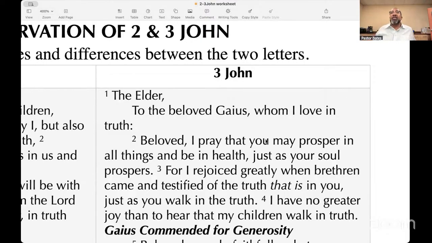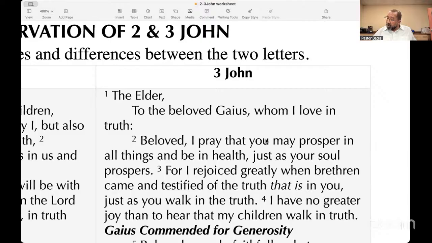So let's go ahead, since we got verse 1. Beloved, and we know that's a reference to Gaius, right? So you can actually write it as beloved Gaius.